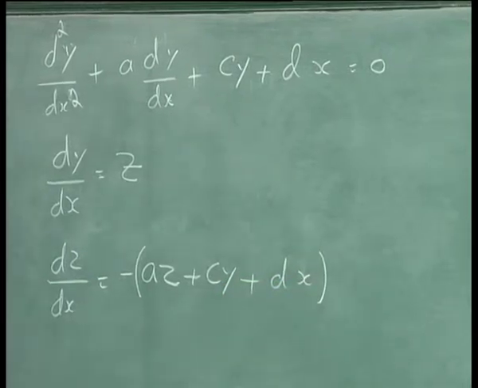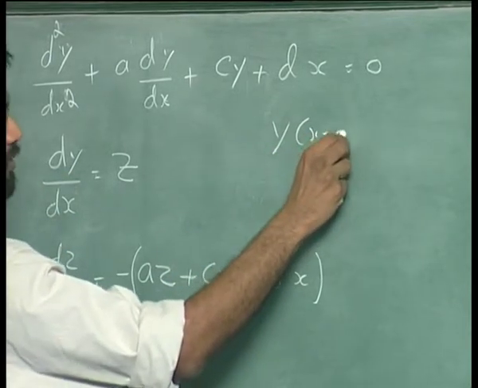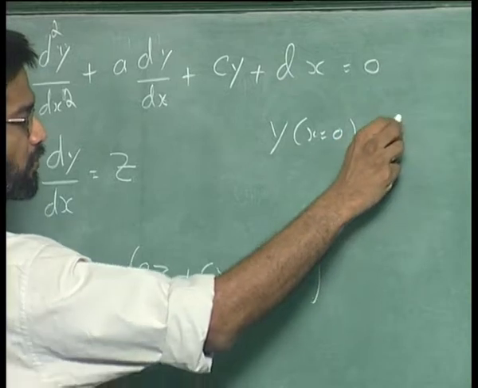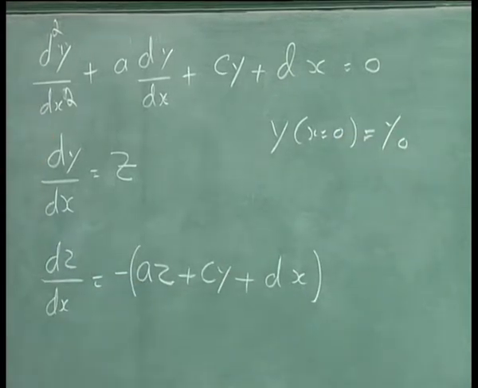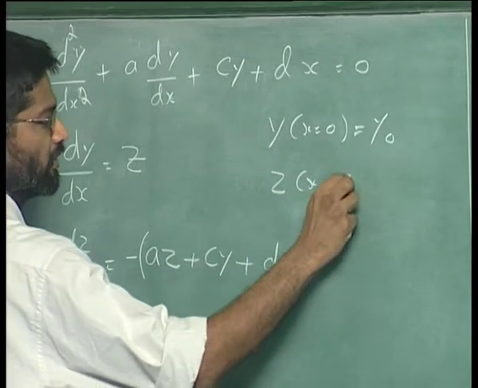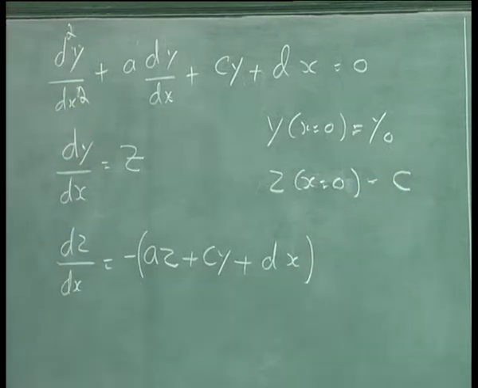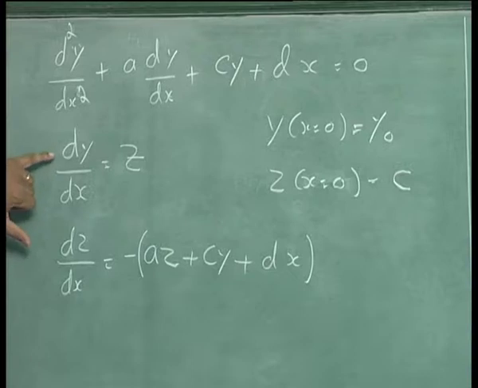Now we have boundary conditions given as y at x equal to 0 is equal to y0, and y prime, that is z at x equal to 0, as c. Okay, now those are the boundary conditions. So how do we solve this?